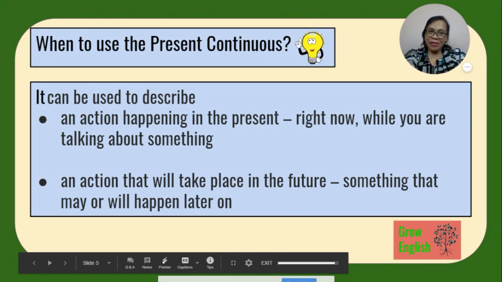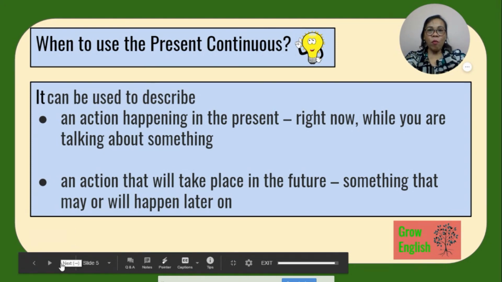Okay, I don't say I talk, but I am talking because this is what is happening right now. So I'm using the present continuous. And for the second one is for an action that will take place in the future. Okay, not today, not now, but something that may or will happen later on.